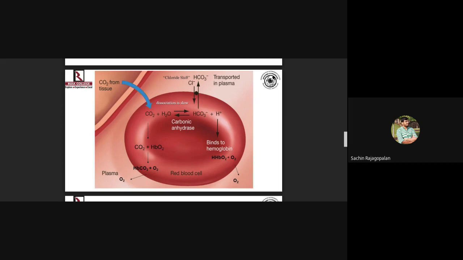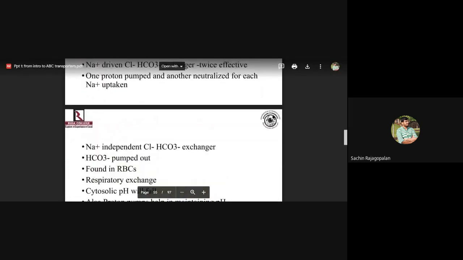But what happens in this story further is governed by three laws. There is Bohr's law, there is Haldane effect, there is Hamburger phenomena, which is called as chloride shift. But to understand this, we will have to obviously go through all the three laws.